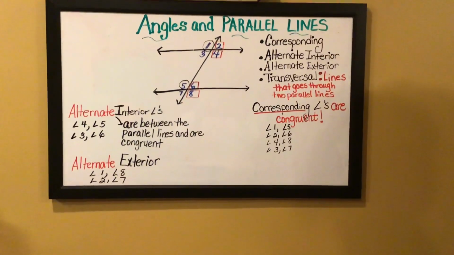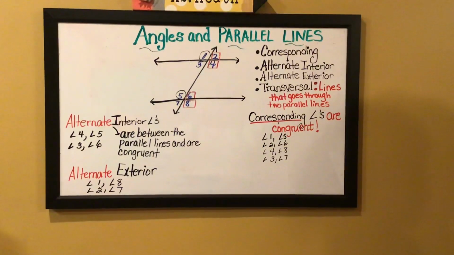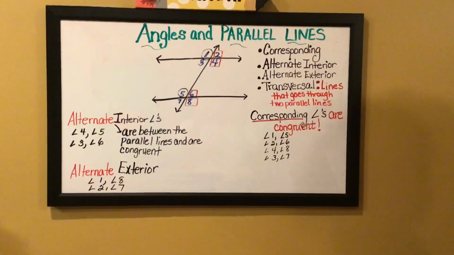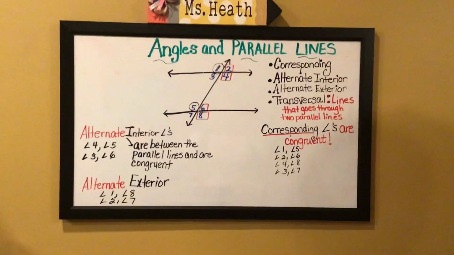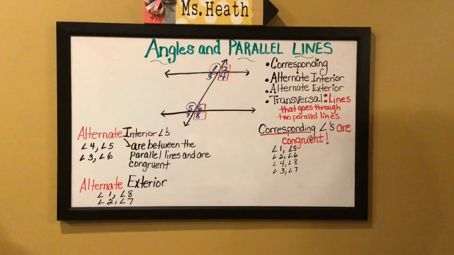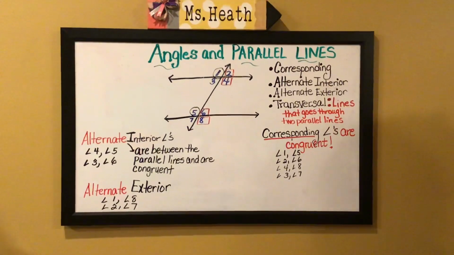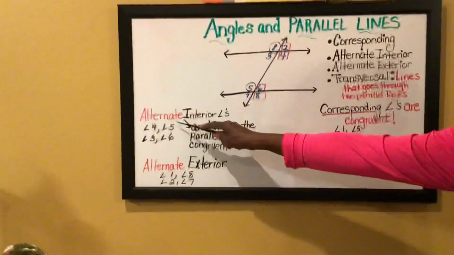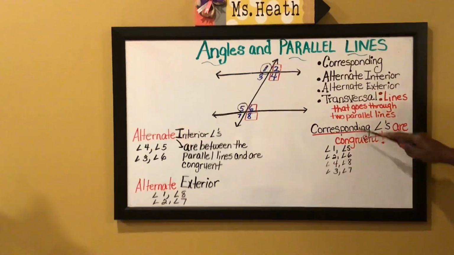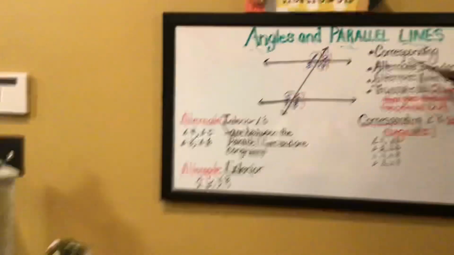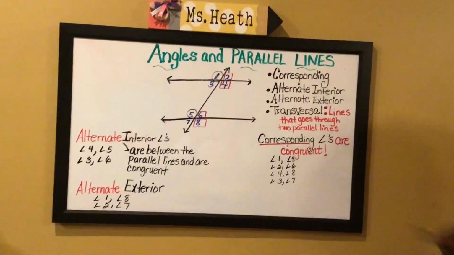There are all sorts of interesting relationships that start to happen with corresponding angles and parallel lines. Now, this leads to something that we call alternate interior. Here's our term, alternate interior angles. So we're moving from corresponding angles, we've covered that. Now let's talk about alternate interior.